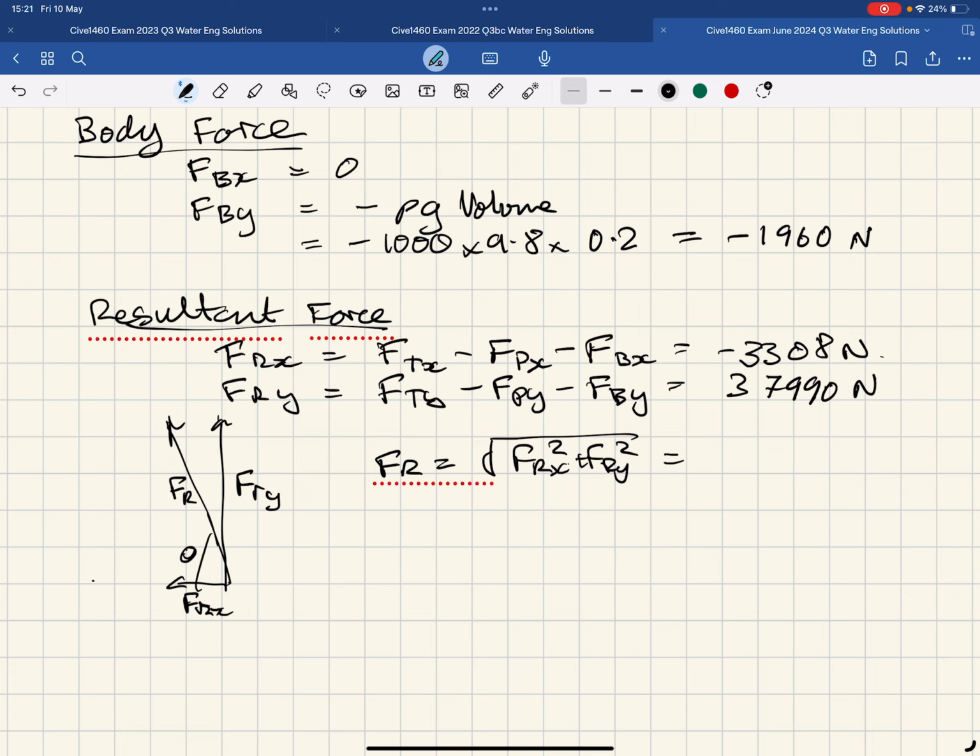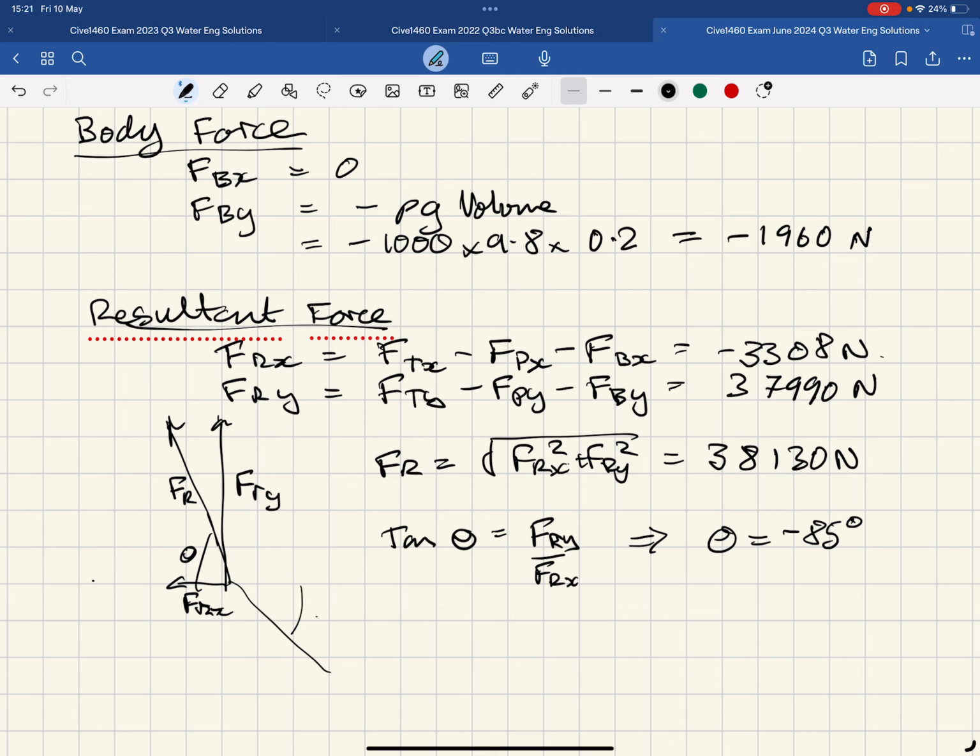This comes out to be 38130 newtons, and tan theta is equal to Fry over Frx, so theta equals minus 85 degrees.